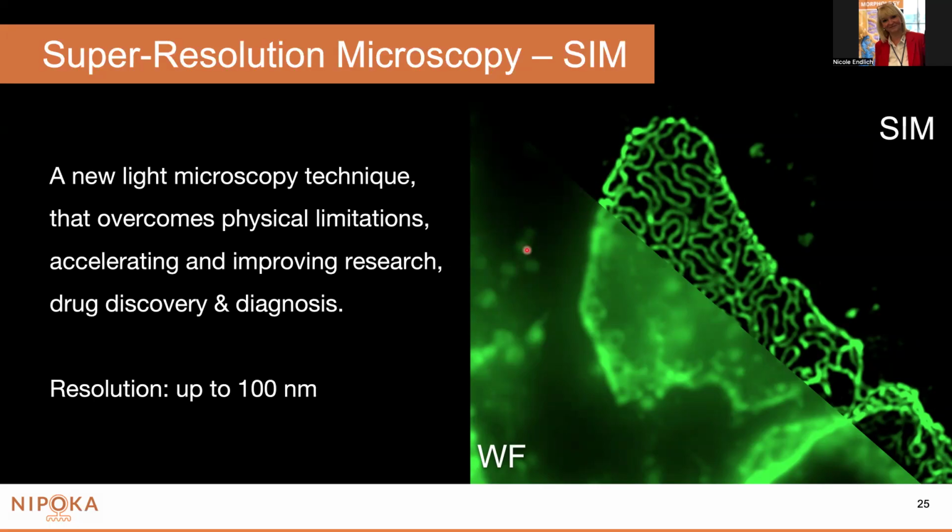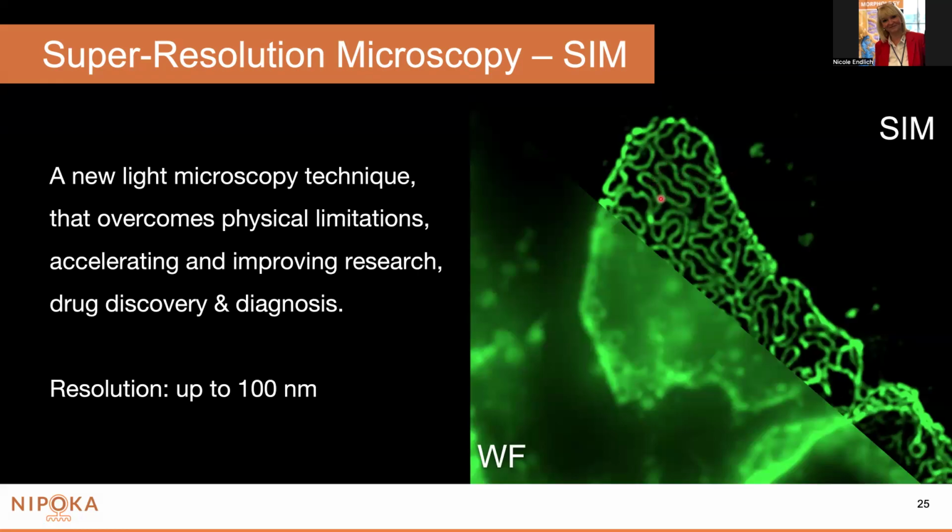This is one part of a glomerulus of the kidney, stained with an antibody against a filtration slit protein like nephrin or podocin. If you take it with a wide field image, you see it only in a blurry way. However, with a super resolution image, you can clearly see these green lines. These are important lines. This is a filtration slit.